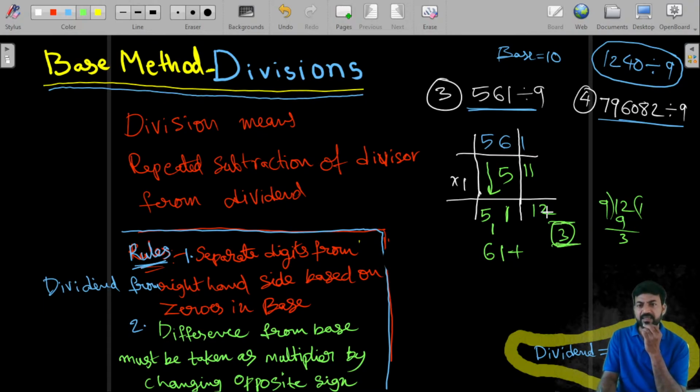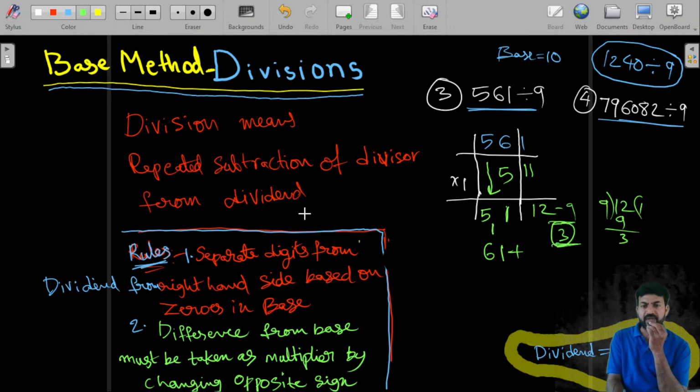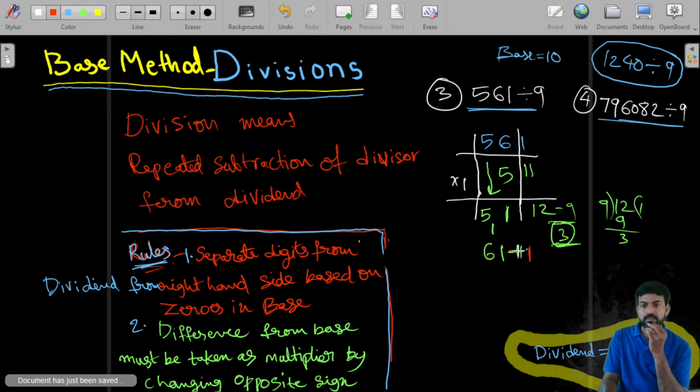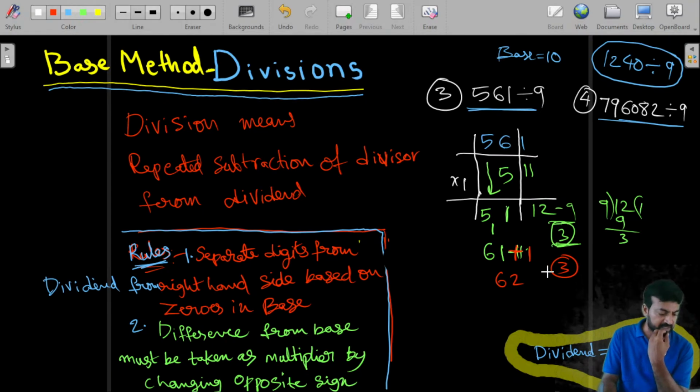Actual remainder is 3, 12 minus 9. Why? I told you, division means repeated subtraction of the divisor from the dividend. Still we got 12 as remainder, so we can subtract one more divisor. So you add 1 to the quotient: 61 plus 1, that is 62. Remainder is 3. Did you understand, everyone?